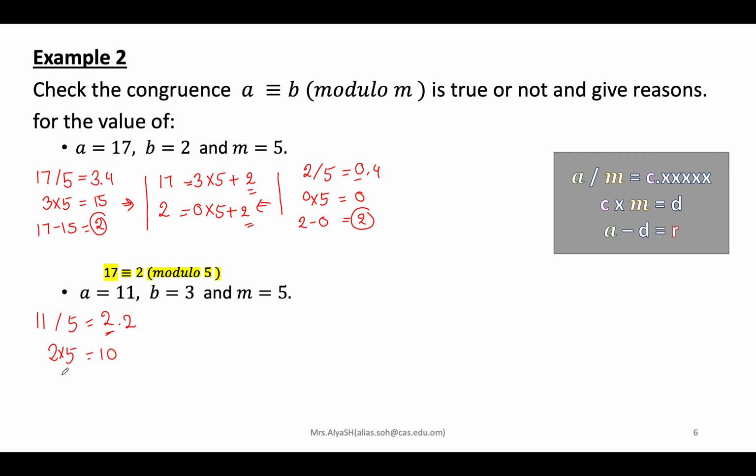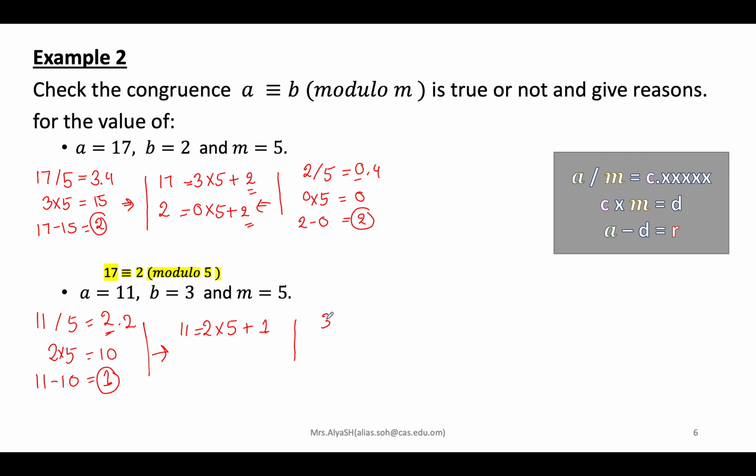Now to find the remainder, just subtract 10 from 11 and the result is 1. So this is the remainder. Again, convert the following steps to one equation and we got that 11 is equal to 2 times 5 plus 1.